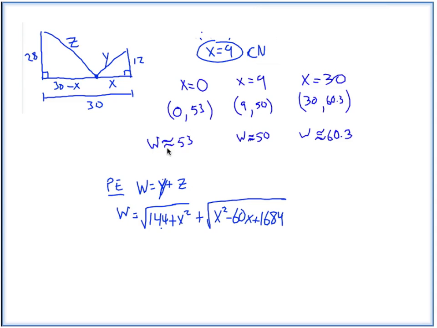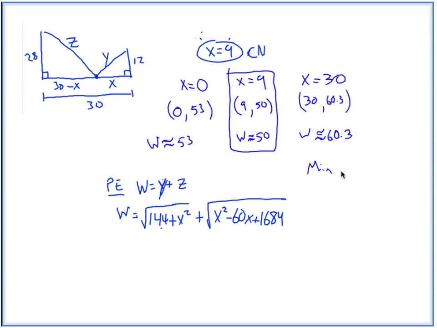Alright, welcome back. You should have gotten about 53 when x was 0. When x is 9, we get about 50 feet of wire. And when x is 30, our wire is about 60.3 feet. So if we're looking to minimize that, that's going to happen when x equals 9.